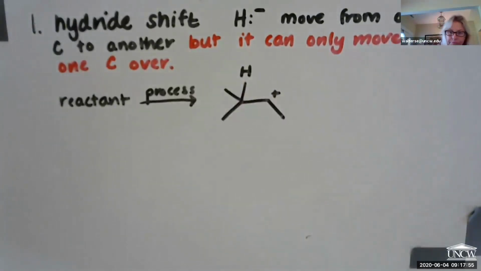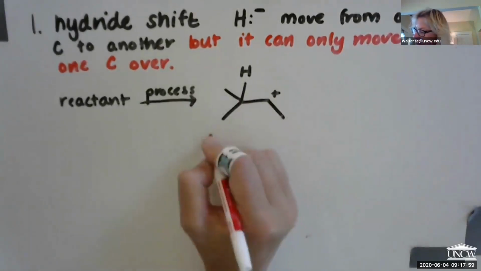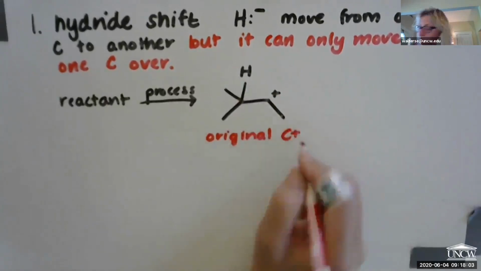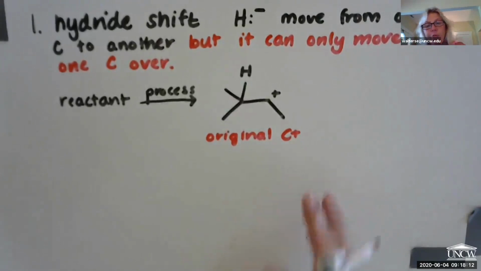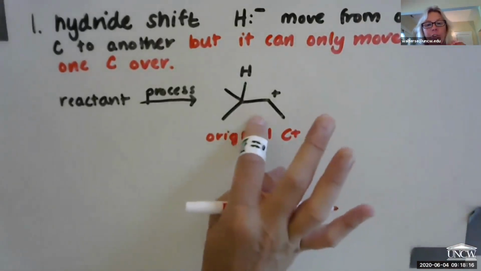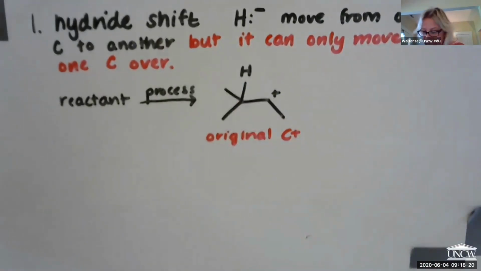So this is the original carbocation formed. Now in reality, you can't freeze these, but in your mind, once you draw it, before you say what's going to happen next, you have to determine whether or not this thing will undergo a change within the reaction container.